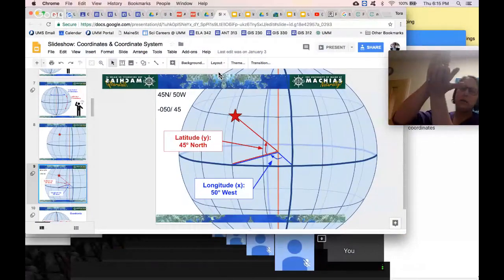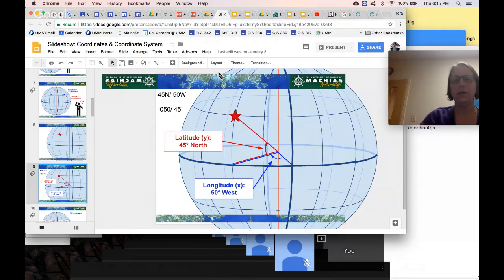If you take your hands and you make a little sort of pie shape out of them, a little wedge shape, and you imagine that the post is going through the middle of your wrists, and you were to spin your wrists around that post, your lower hand would be describing an arc that would be at the equator, and wherever your upper hand is, that's your parallel, right? So it's that angle. Let me present again.